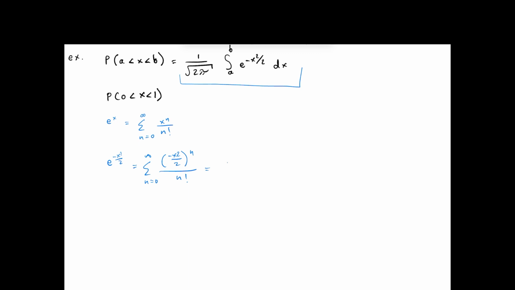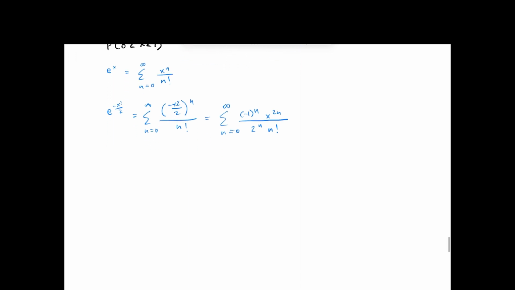And simplifying this, we end up re-expressing this as negative 1 to the n times x to the 2n over 2 to the n times n factorial. Okay. From here, we can integrate this.